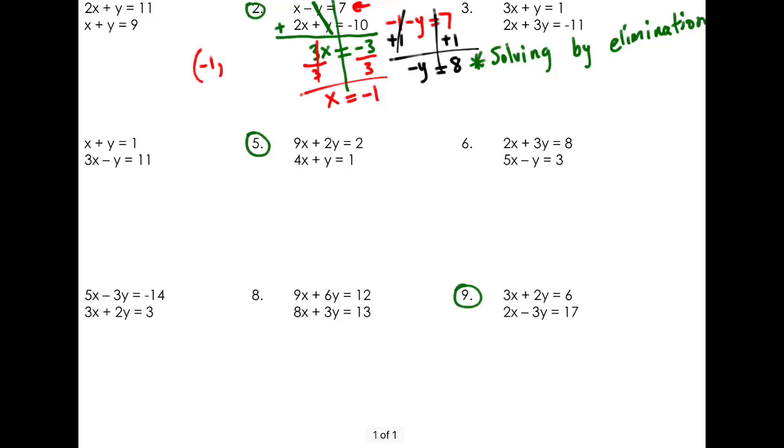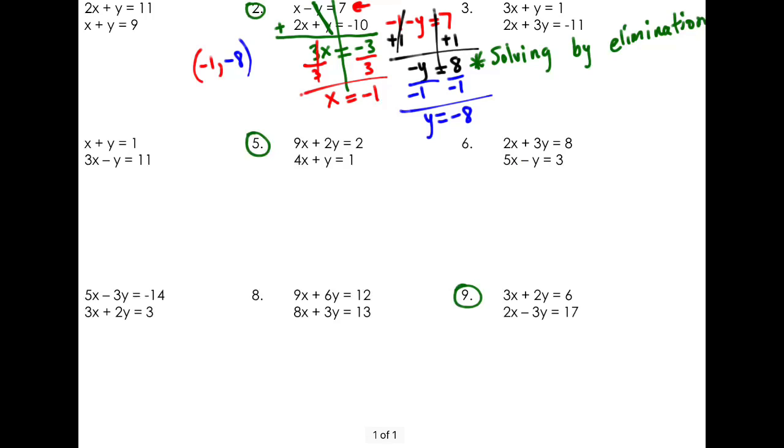Remember, that's the same thing as negative 1. So we're going to divide a negative 1 from both sides. That's going to leave us with y is equal to negative 8.